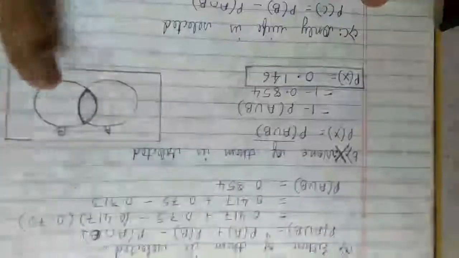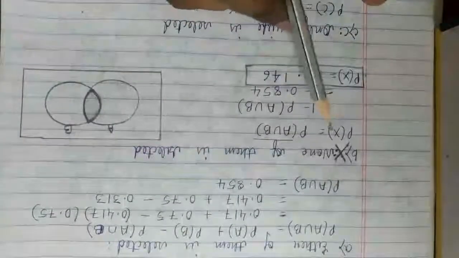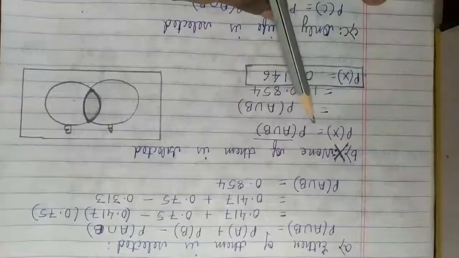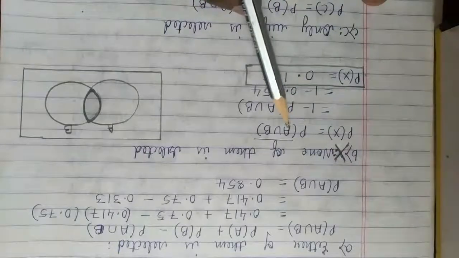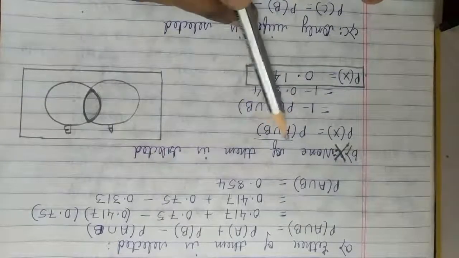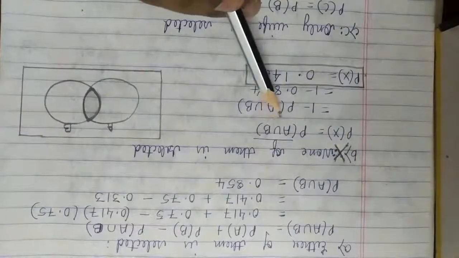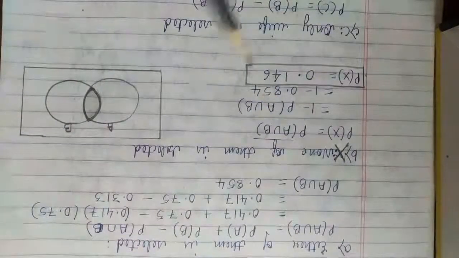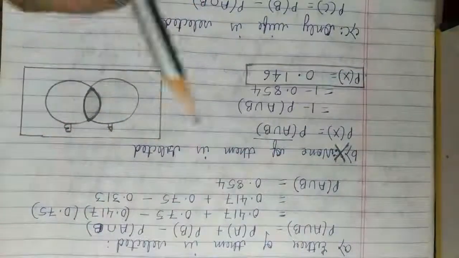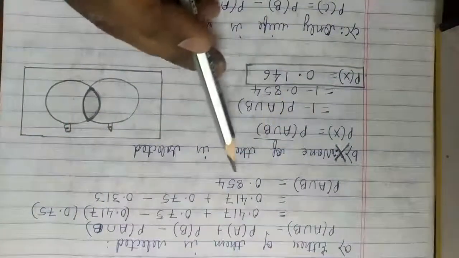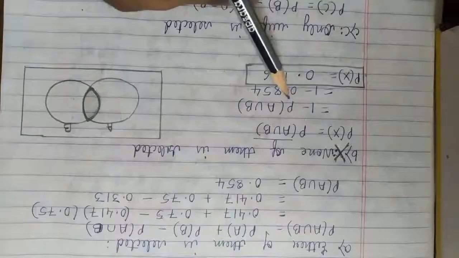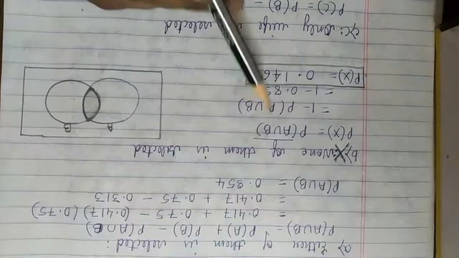So probability of X is equal to probability of the complement of A union B, that is none of them is selected. That means A is not selected, B is not selected, both are not selected, and that is the negation of this. So 1 minus probability of A union B, it comes as the complement.